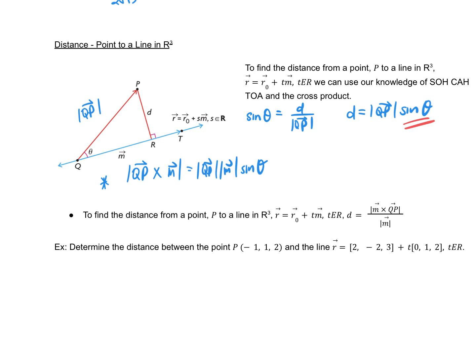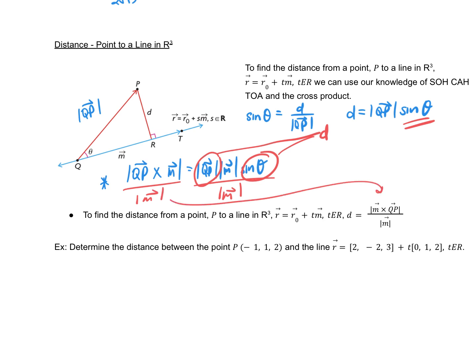All right, and now I can see here's QP, here's sine theta. These represent the distance, so then I can just divide both sides by the magnitude of M. And there's your formula. The distance is equal to the magnitude of the cross product between the direction vector and this vector QP that is formed between a point on the line and the point we're actually given to find the distance from, divided by the magnitude of the direction vector.